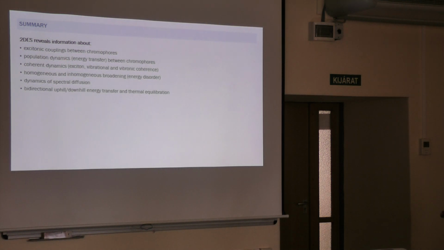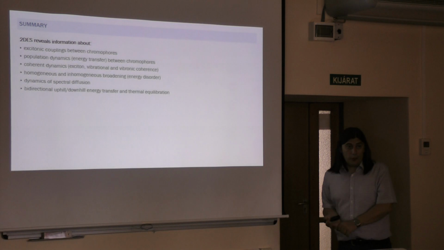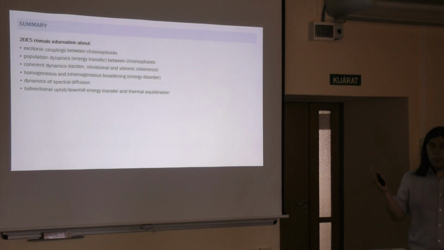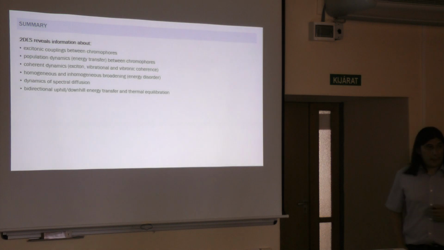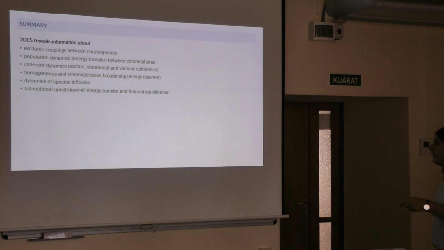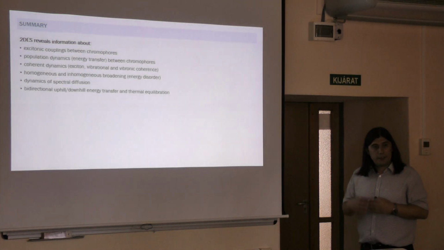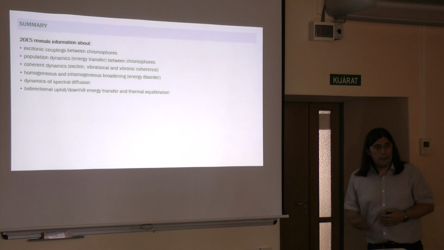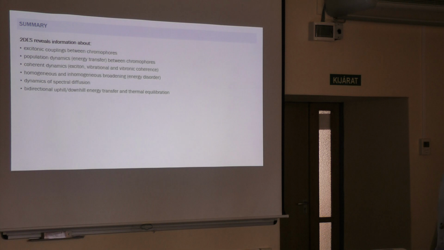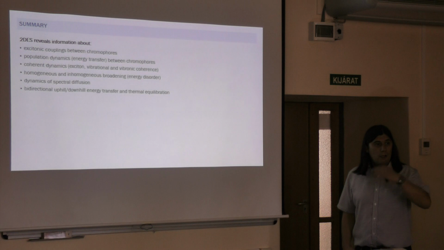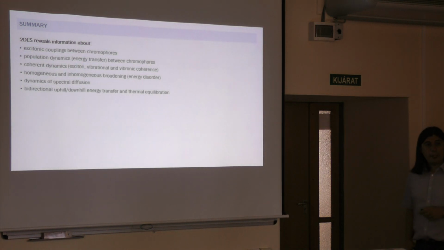Let's summarize what we can learn. The excitonic couplings in delocalized systems, we can see by off-diagonal elements in the 2D spectrum at early times. All energy transfer or population dynamics will appear as time-dependent changes in off-diagonal peaks in the 2D spectrum. We can follow coherent dynamics, which will appear as oscillations in the off-diagonal peaks.